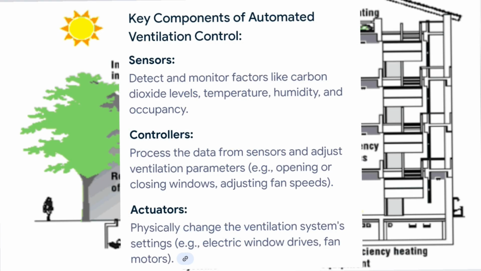Sensors detect and monitor factors like CO2 levels, temperature, humidity, wind speed, occupancy, etc. Controllers take the data from the sensors and process it. Depending upon that, they provide the ventilation that is actually required for that particular room or area. Actuators are the ones that physically change the ventilation system settings, for example electrical window drives, fan motors, etc.